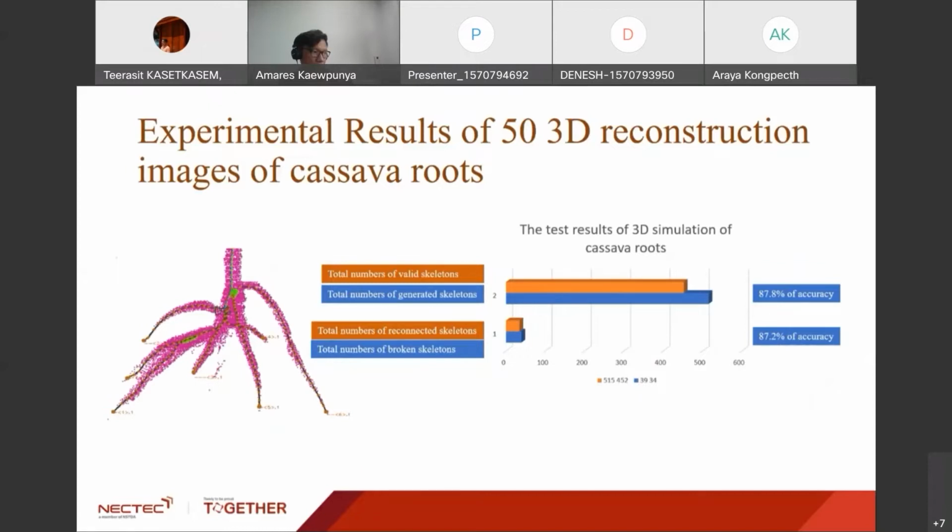We achieved 87.8% skeleton extraction accuracy. The total number of broken skeletons was 39, with 34 broken skeletons being reconnected. The reconnection accuracy was 87.2%.